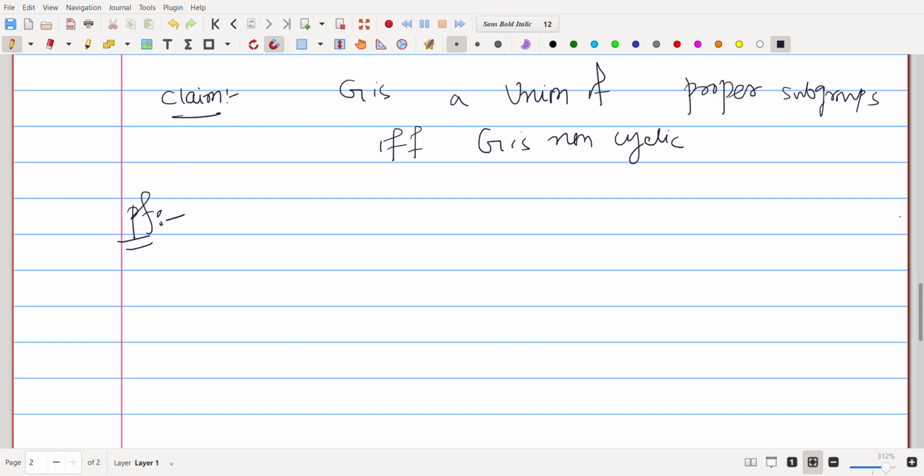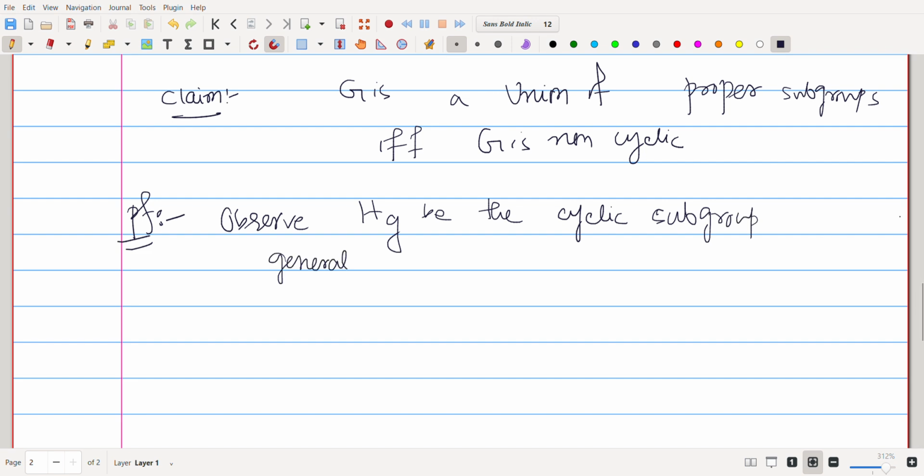First, notation: observe, let <g> be the cyclic subgroup generated by g, which is the same as this one, right? Now first let G be non-cyclic.